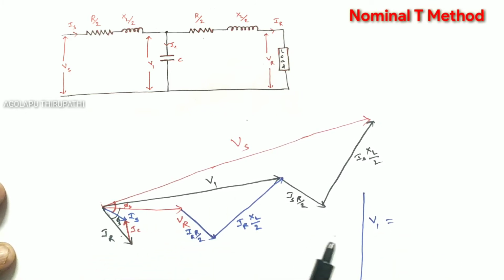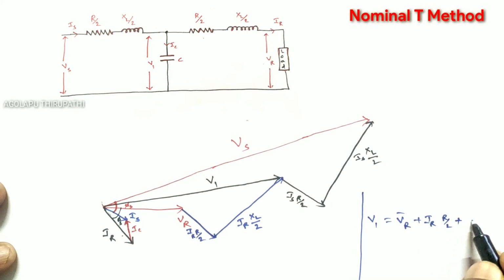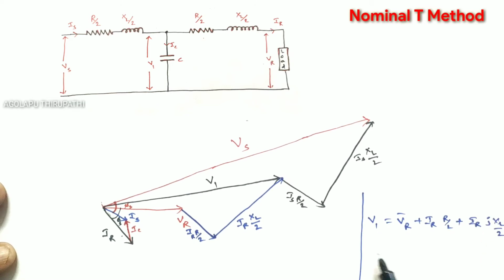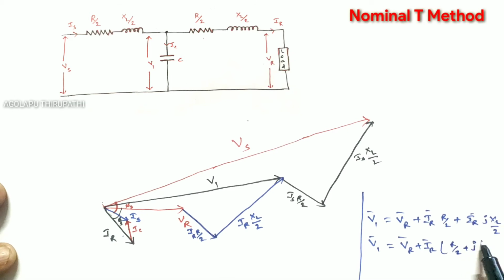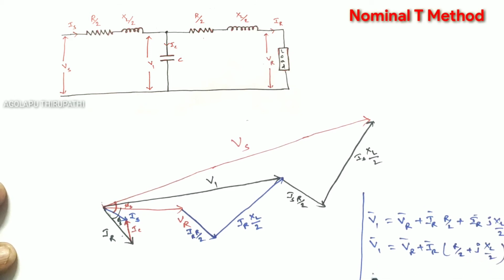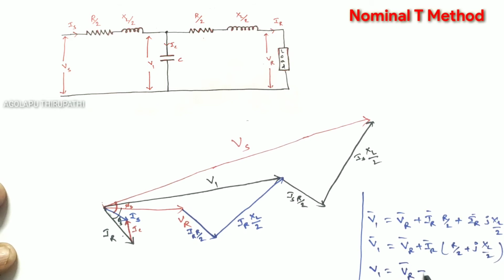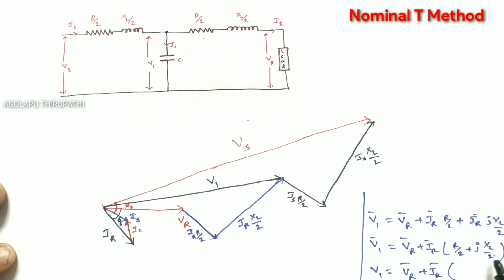We know that V1 is equal to the vector sum VR plus IR into R by 2 plus IR into j XL by 2 for the inductive reactance. Taking IR bar common, this becomes R by 2 plus j XL by 2, which is the half of the impedance.